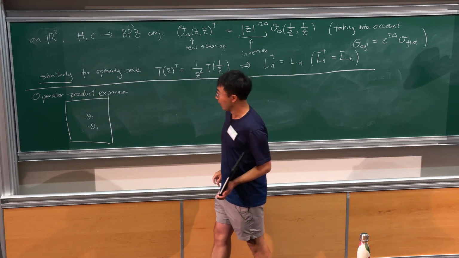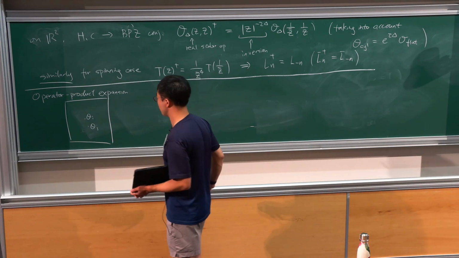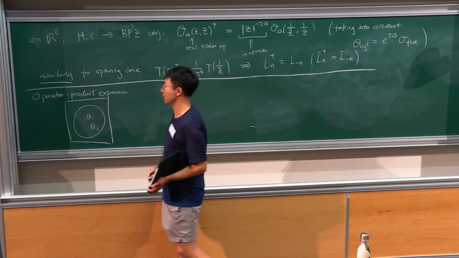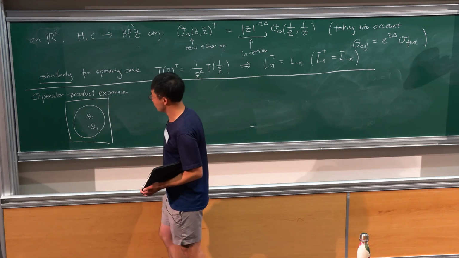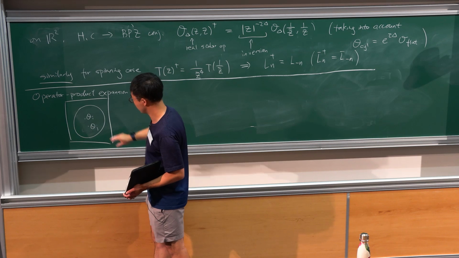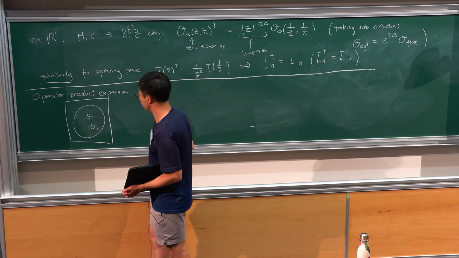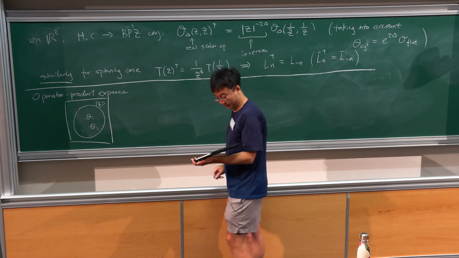Okay. And then we can choose our quantization. So we work in the radial quantization, and we can choose our quantization to be on this circle, which we pick as S1. And by the state operator correspondence, the way we prove the state operator correspondence more explicitly, this insertion of the operators under the path integral evolution gives rise to a state on this circle, which I denote as psi.